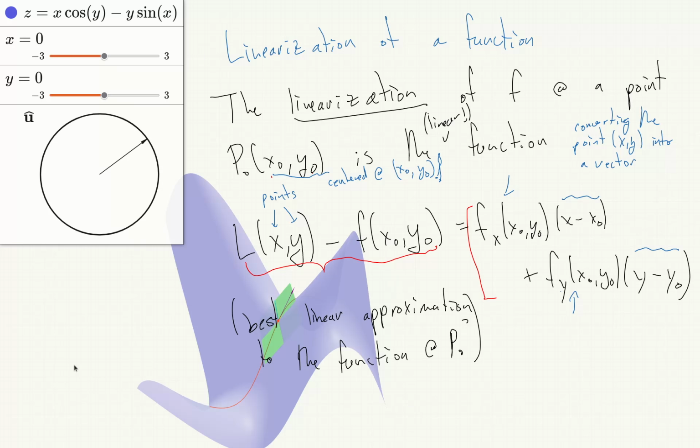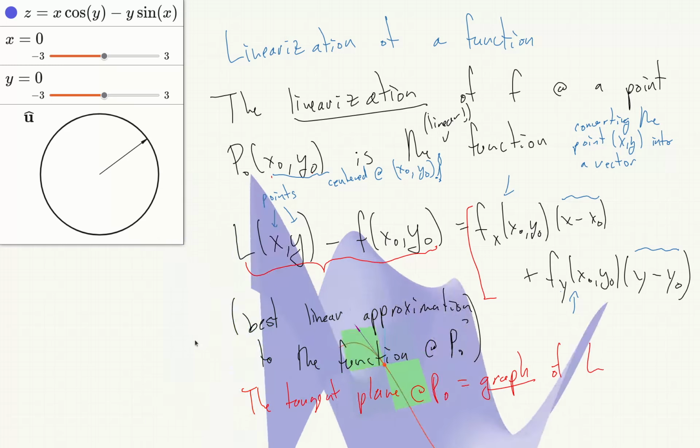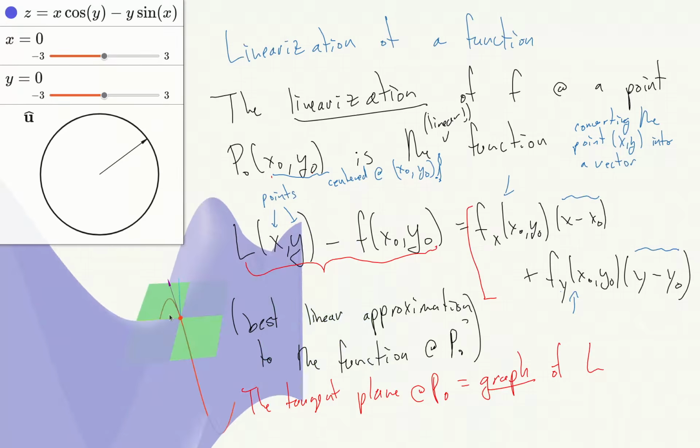And in particular, the tangent plane at p0, you can see, is the graph of the linear function L, the linearization at p0.